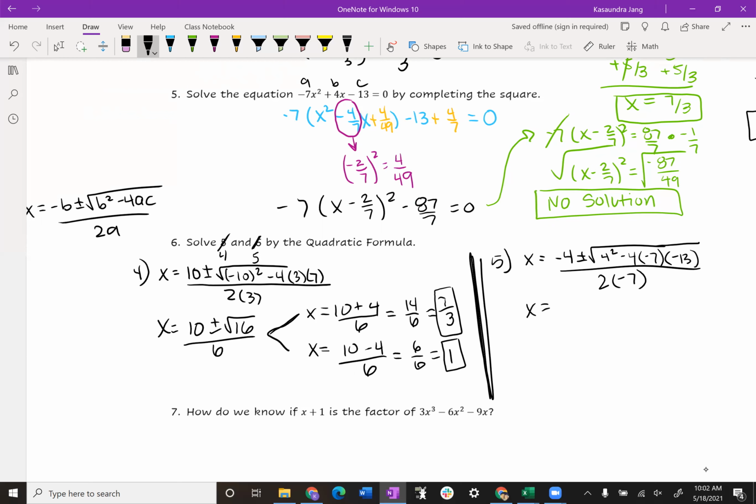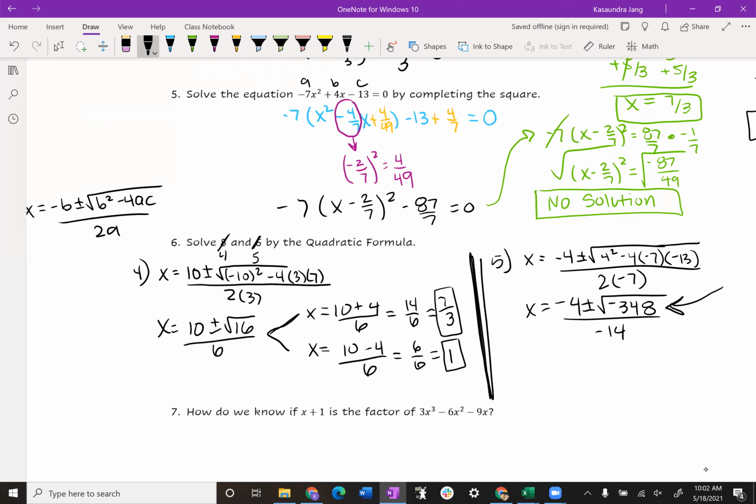Okay, so I'm gonna deal with the stuff under the square root first, like I did last time. So 4 squared minus 4 times negative 7 times negative 13. Looks like I've got a negative 348. All over, and then 2 times negative 7 is negative 14.